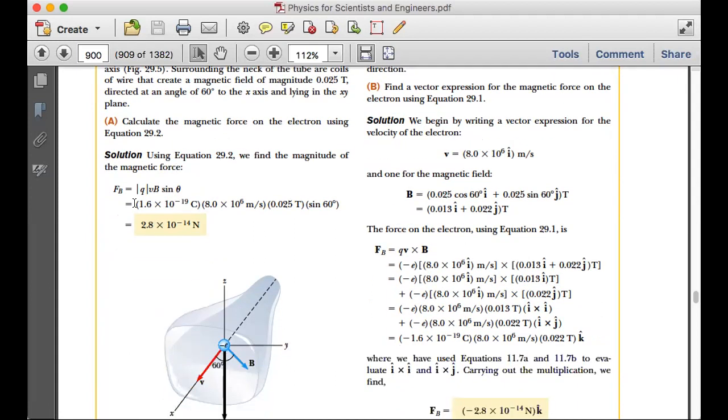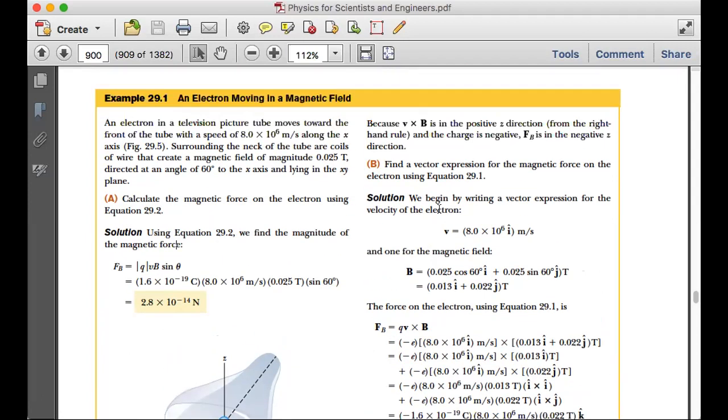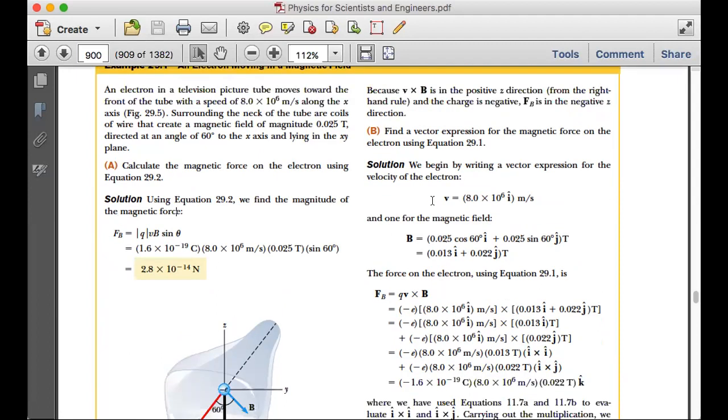But in the vector representation, for example, v is the velocity of the electron along the x-axis, and b here is the magnetic field in vector representation.